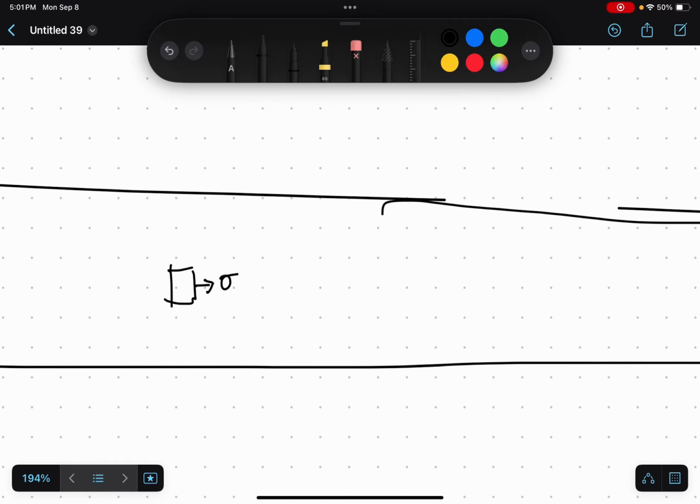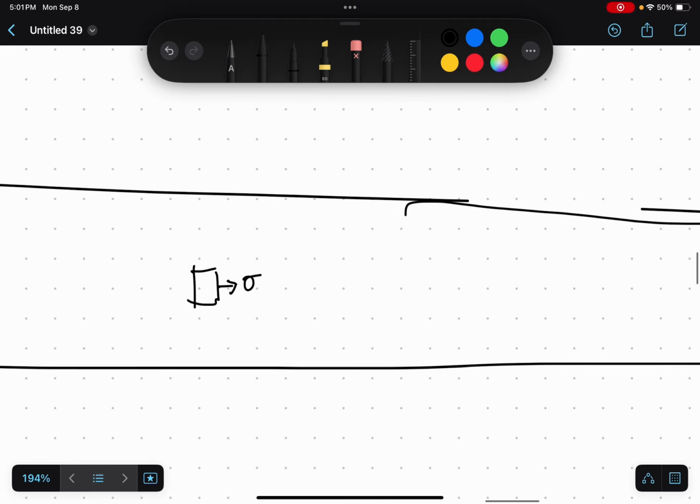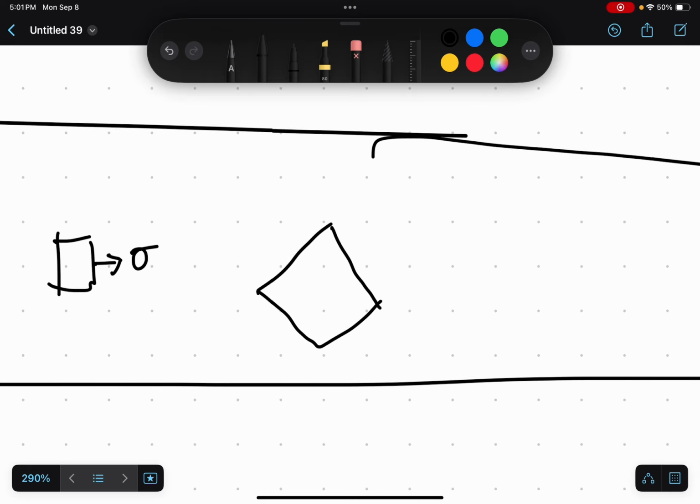If you choose to draw the stress element sideways, like 45 degrees sideways, it's a big stress element, what'll end up happening is you'll have a shear stress that looks like this.